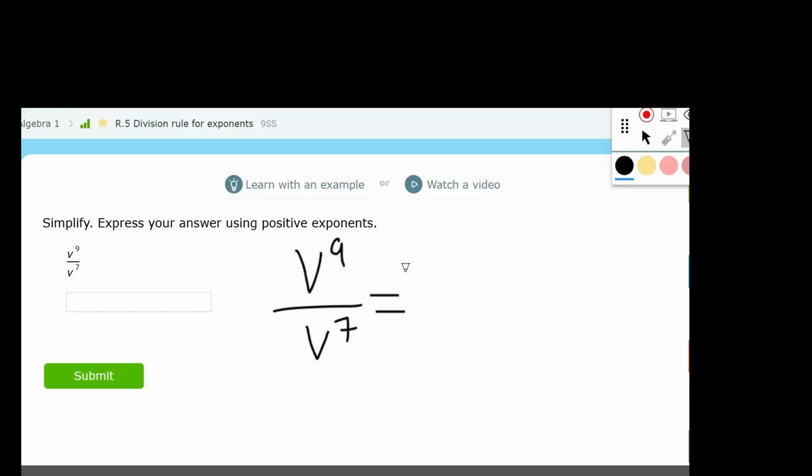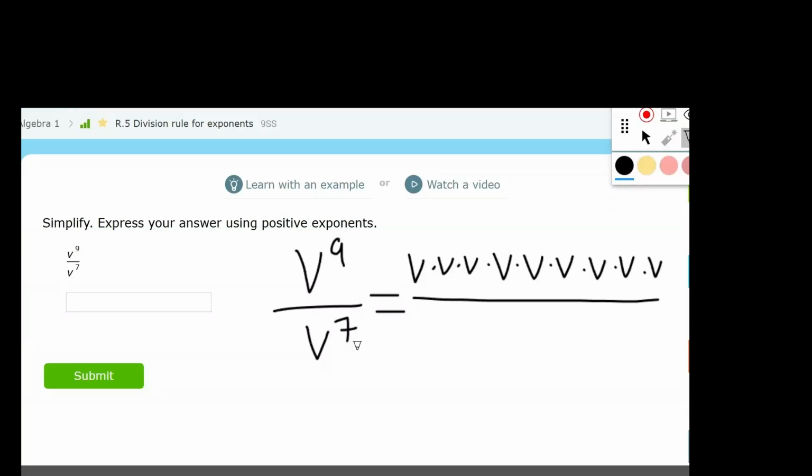Well, up in the numerator, v to the ninth is really v times v 9 times. Okay, so I'm going to write all of that out. Divided by v to the seventh, which is just v times v 7 times. Okay.